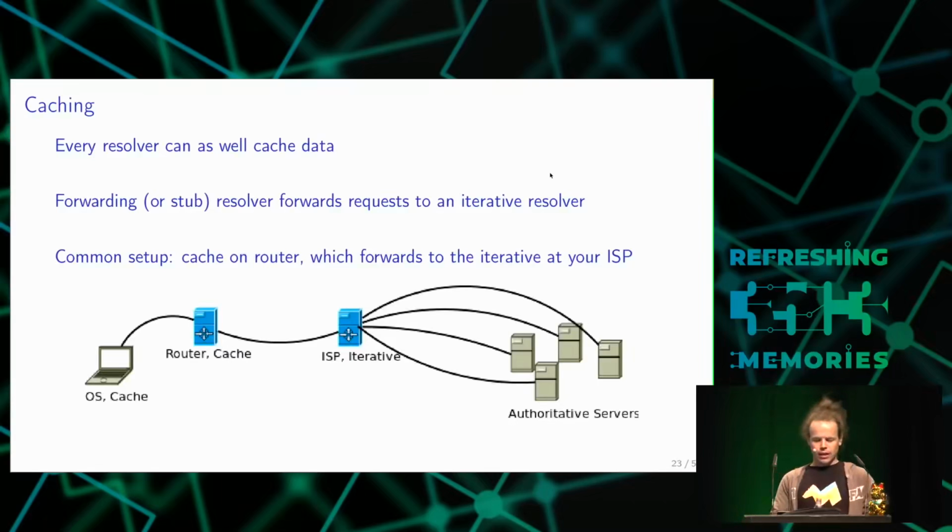Usually a setup looks like this: I have my laptop, and on my router likely a forwarding resolver, which doesn't do iterative queries but just queries another resolver, for example one run by my ISP. That resolver run by my ISP is then asking the authoritative name servers. That is a common setup.